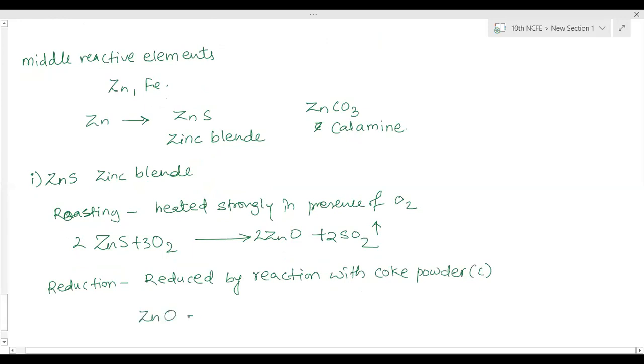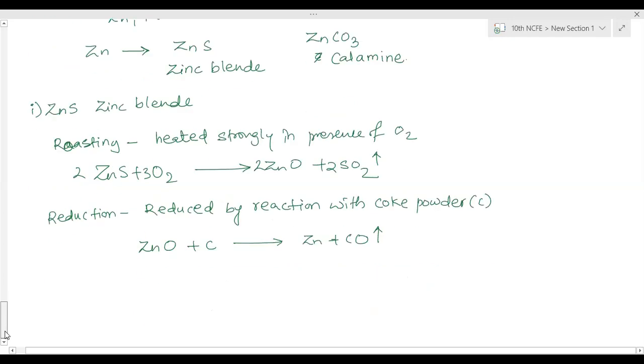So zinc oxide combines with carbon to form zinc plus carbon monoxide, which is a gas that evolves out, leaving behind zinc in the container. You have studied this reaction in the first chapter under redox reactions. It's clear? Remember that reaction?